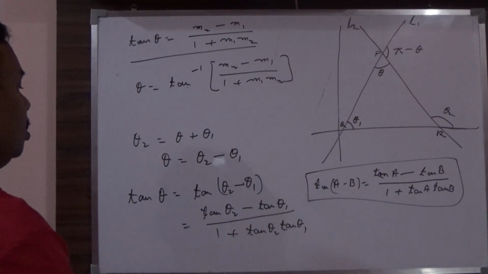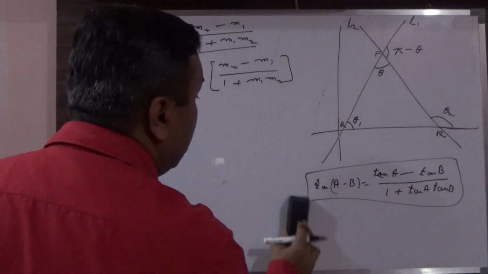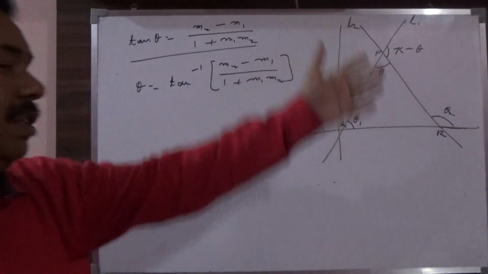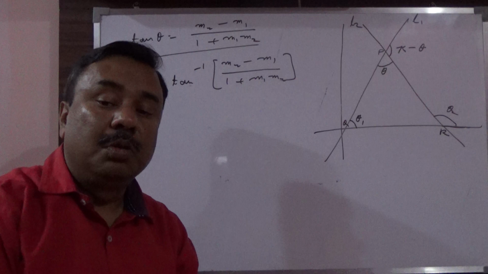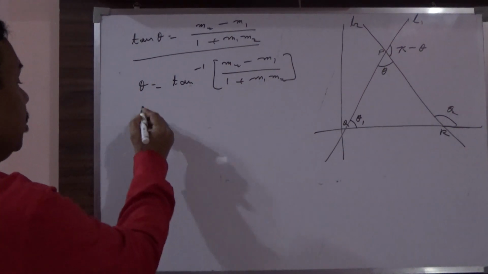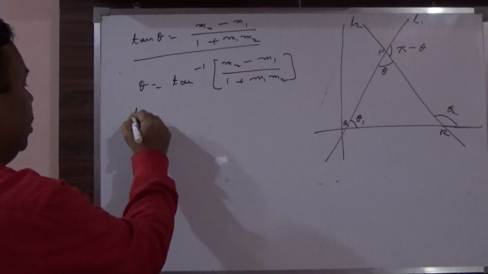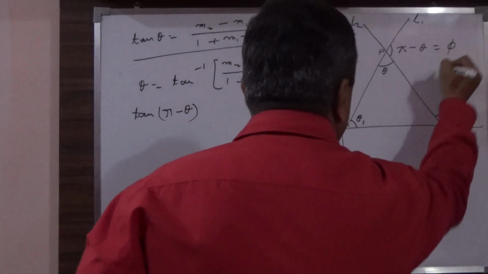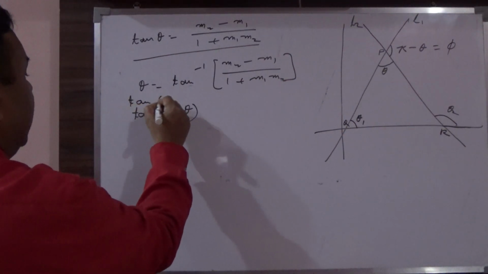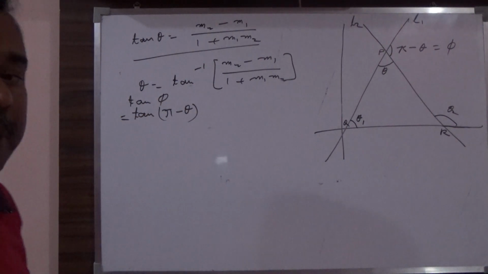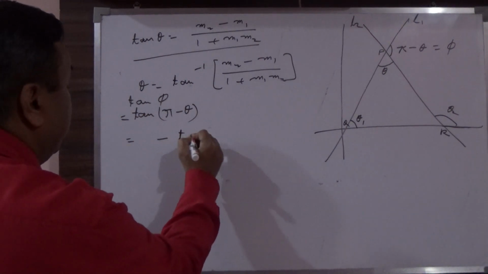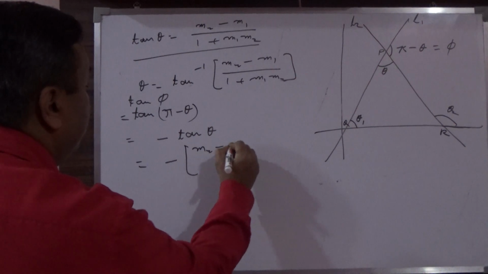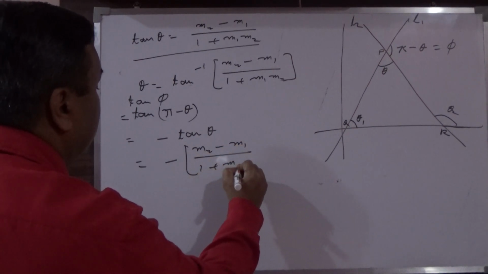So this is how you can find it, but this is one angle. So what will the other angle be? Who said which angle you have to find? There are two angles. If this is tan theta, for the other you use tan of pi minus theta. If this is phi, then tan phi will be equal to tan of pi minus theta, and tan of pi minus theta is minus tan theta, or I can write it as minus m2 minus m1 divided by 1 plus m1 m2.